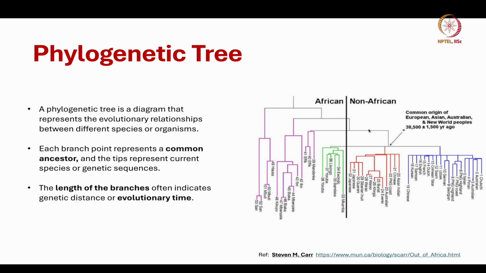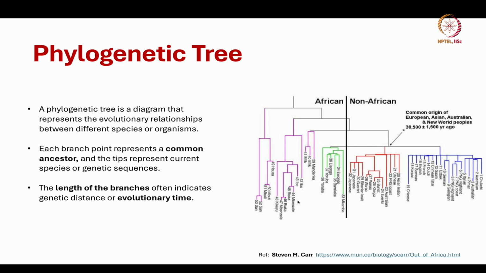So this on your right is a phylogenetic tree. This is a diagram that represents the evolutionary relationship between different species or organisms. In this case, it is defining a relationship between different humans across the globe.